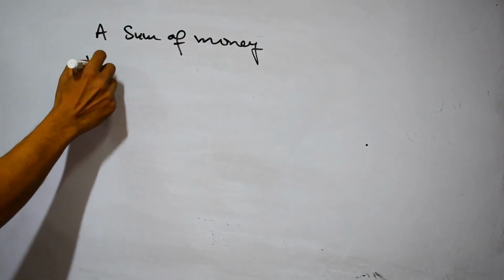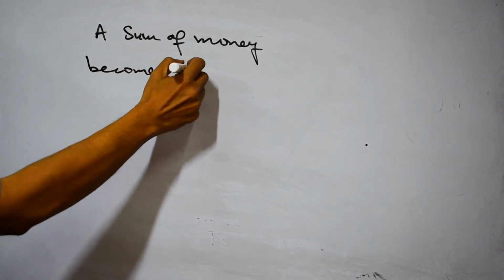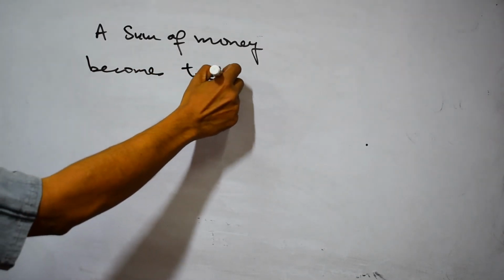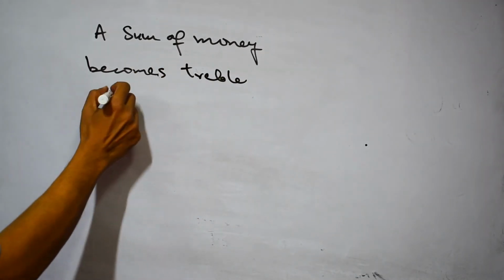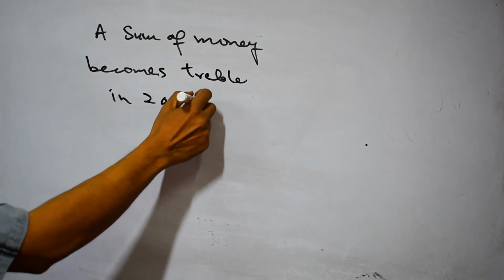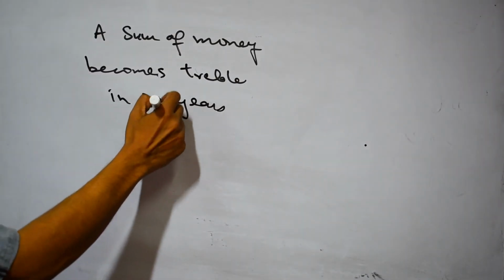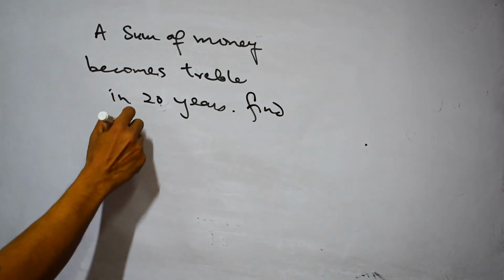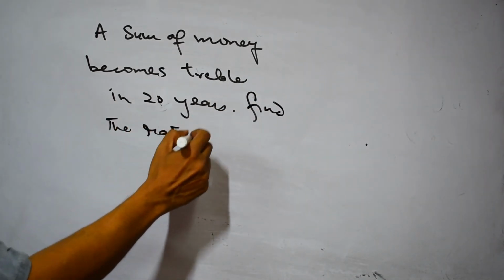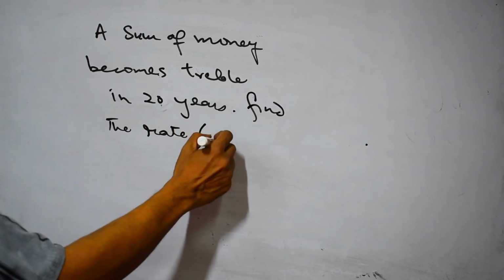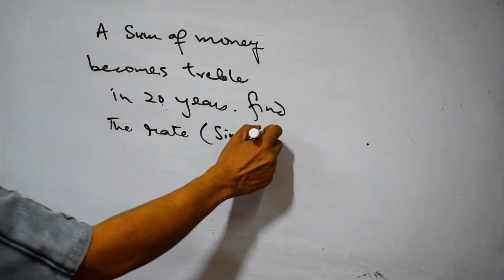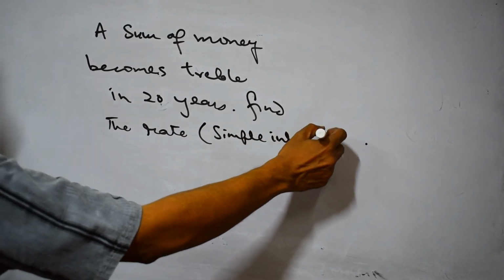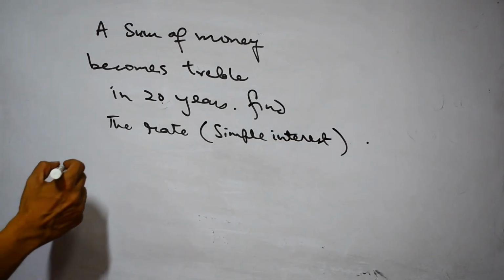The sum of money becomes treble, that means 3 times, in 20 years. Now find the rate in simple interest.